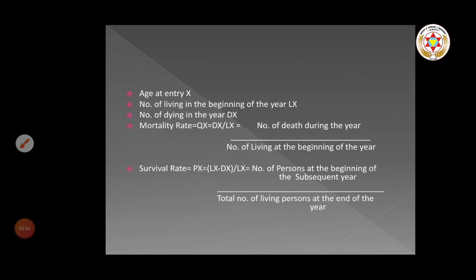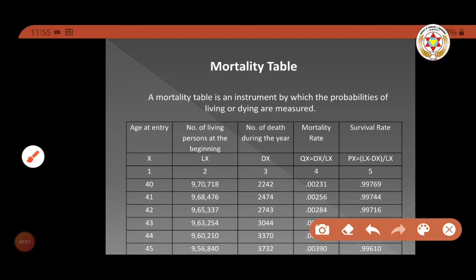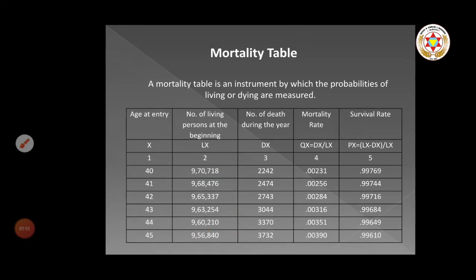Now here it is defined that number one is age at entry x. The age has been defined in the column x. Then that is basically the living data, right? Then the number of deaths during the year is represented by dx.